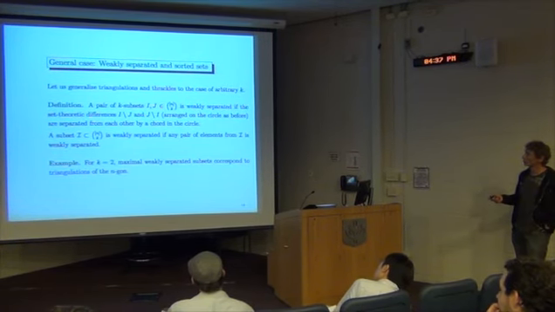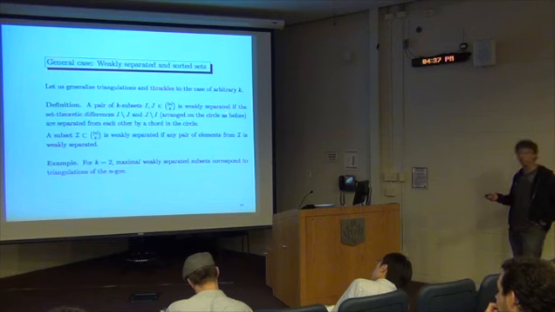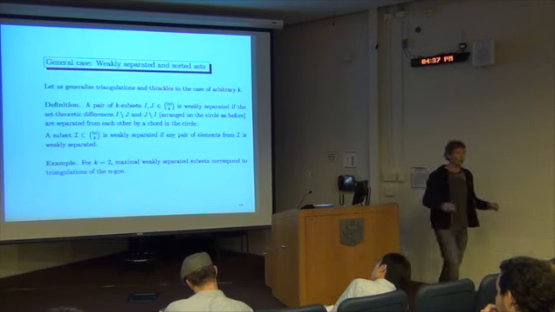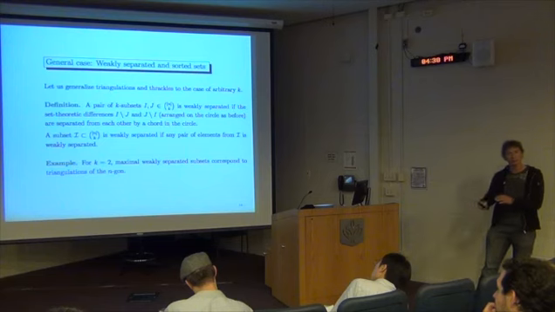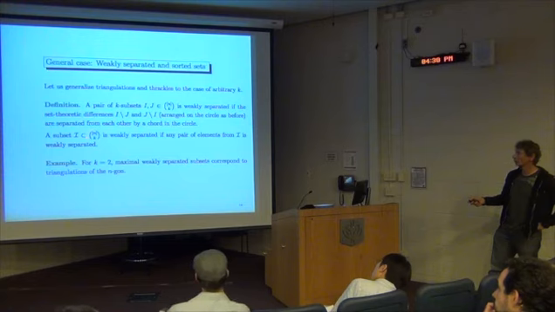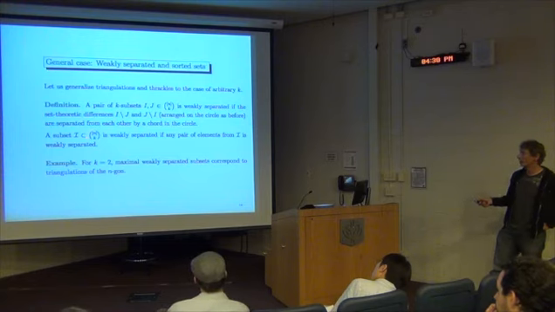We say that a pair of k-element subsets is weakly separated if you take their set-theoretic differences and arrange them on a circle, they are going to be separated by some chord in the circle. And a subset of n choose k is weakly separated if any pair of its elements is weakly separated.